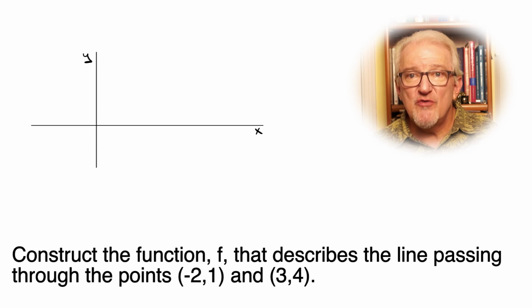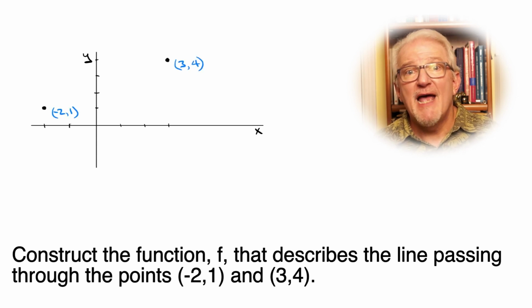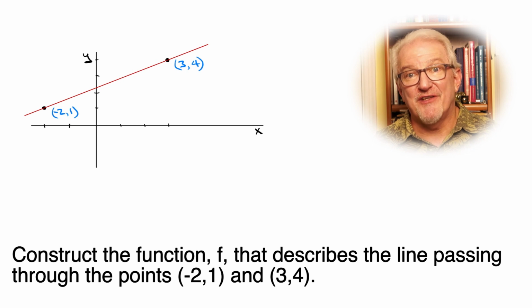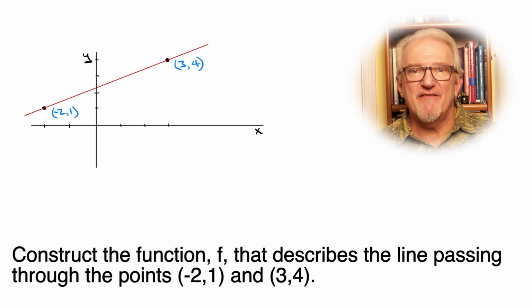In this case, you should include the points (-2, 1) and (3, 4), as well as a sketch of the line that passes through these two points. You should also include a third point on the line, a generic point that is labeled with the names of the independent and dependent variables that you are using in your work. In this example, we will label our generic point as (x, y). We're now ready to move on to step 2.